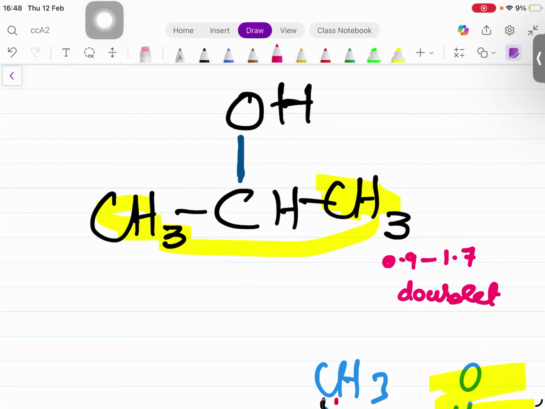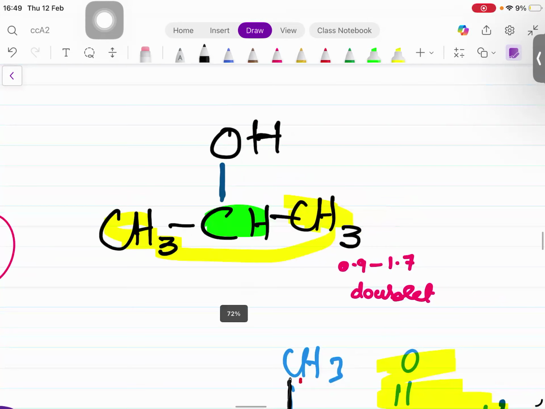What about the next peak? This one will be another independent peak in the range of what chemical shift value? It is next to O. Please check the data booklet. Next to O. Both CH3s are contributing to one peak, and the neighboring carbon has how many hydrogens? You just have to add one to the neighboring carbon's hydrogens. Okay.